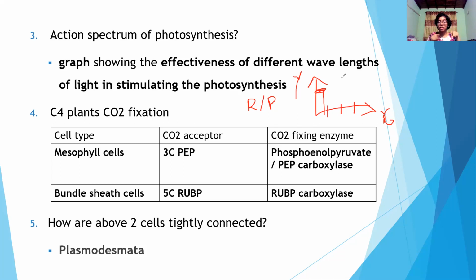For each and every wavelength, you see how the rate of photosynthesis differs. By sketching that, you can see in certain areas it goes up and then down. So red and blue wavelengths are effective in photosynthesis. That is how you came to this conclusion. So the action spectrum is a graph showing the effectiveness of different wavelengths of light in stimulating photosynthesis.